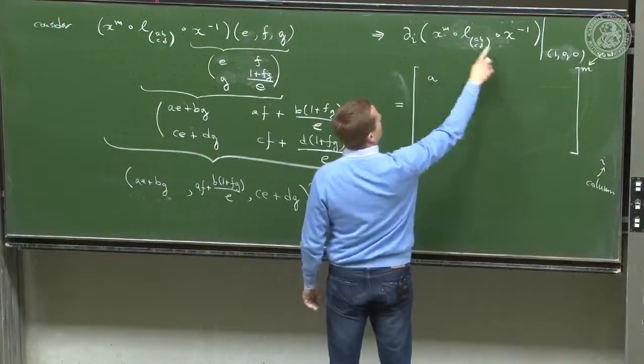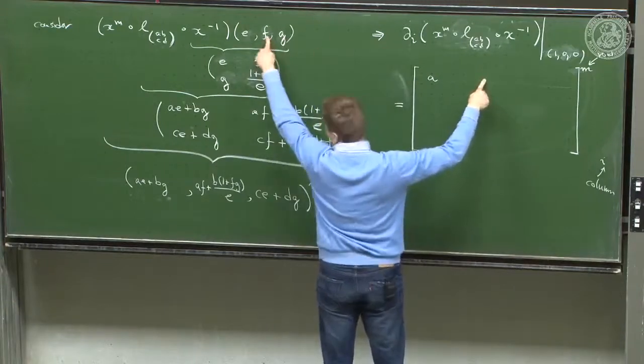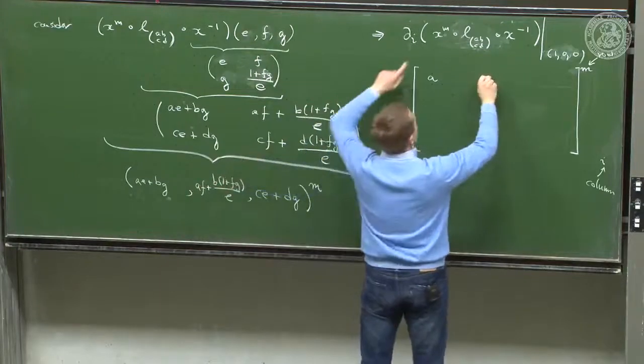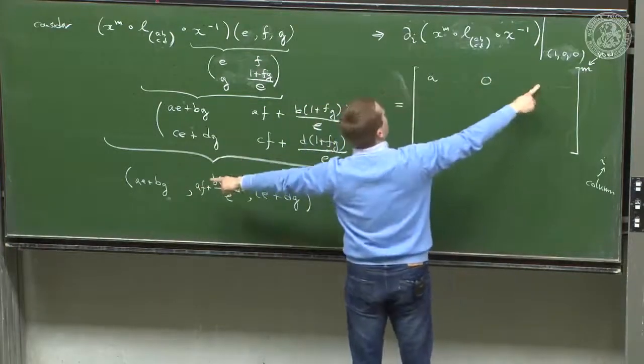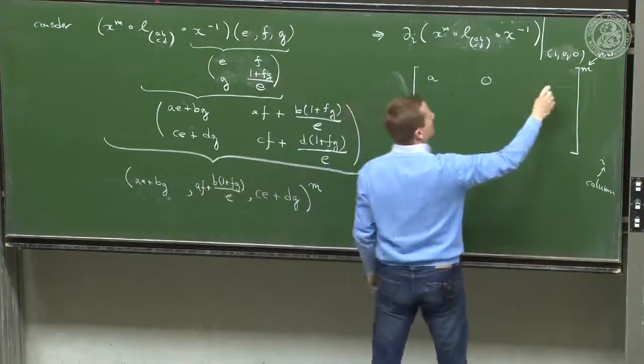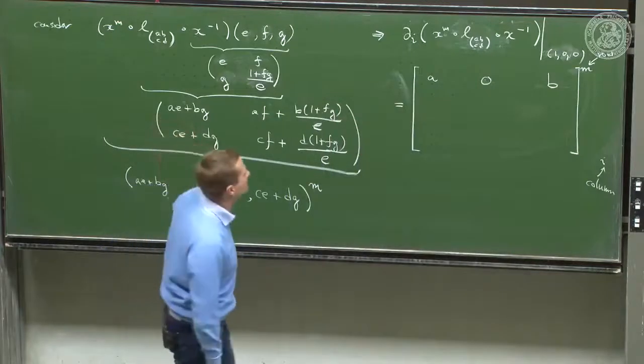The first one, m equals 1, with respect to the second entry, I equals 2, F is 0. And then the first one, first entry, with respect to the third, with respect to the G, is B. Okay, first line done. We are confident we can do this in general.